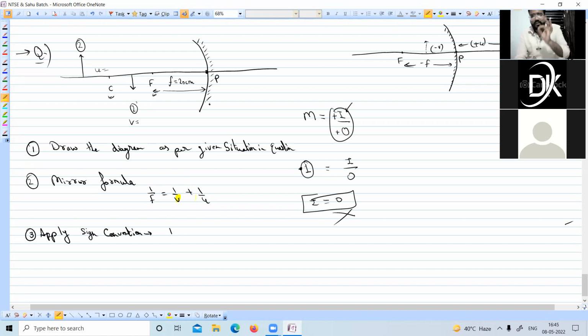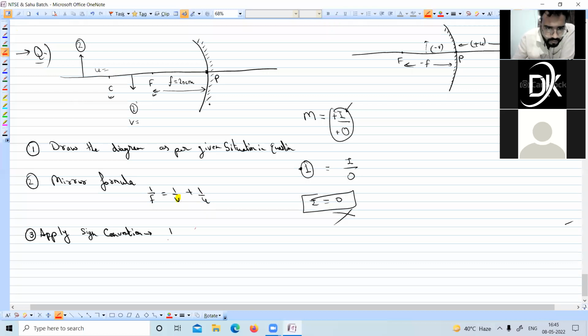So for the term which is unknown, we will not use the sign. Why? Because that term we need to find out. We will apply the sign convention only on the given quantities, but we very well know the value of v should come negative, because we have the picture of the diagram in front of us.